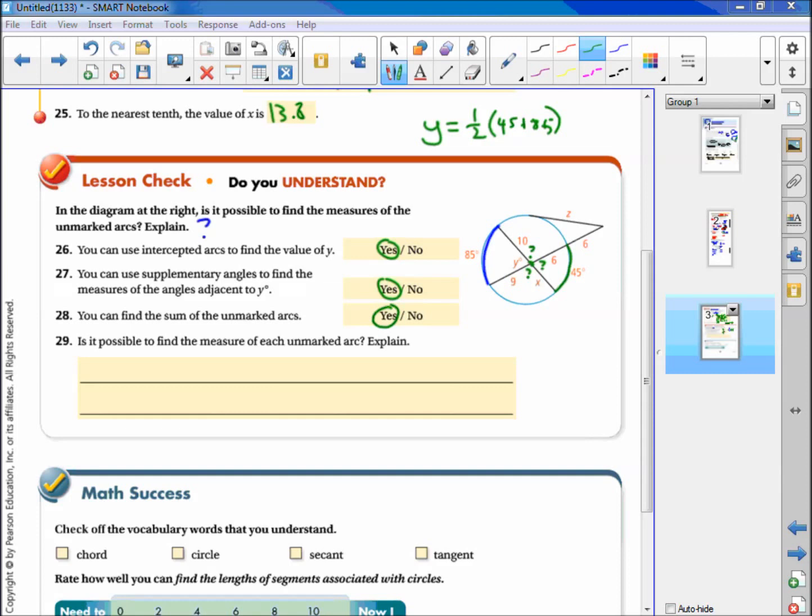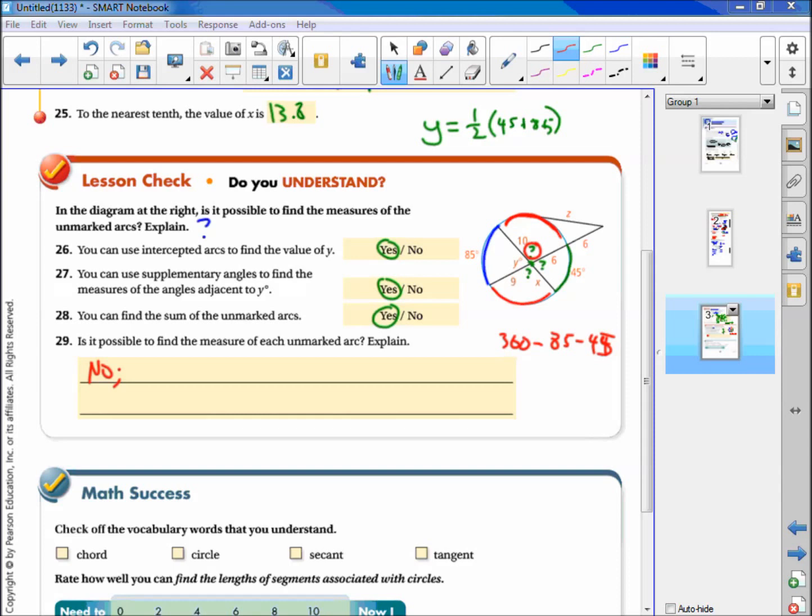Okay, we know that this arc plus this arc should be equal to 360 minus the 85 minus the 45. But we don't know how much each one is. So is it possible to find the measure of each unmarked arc? This would be no. We would know an angle, that's good, but we need to know one of these two red ones before we can find the other one.